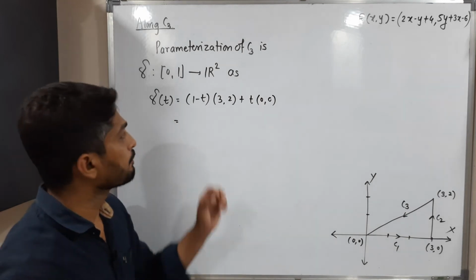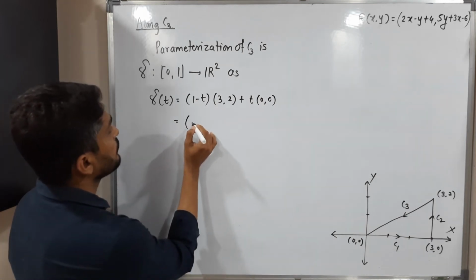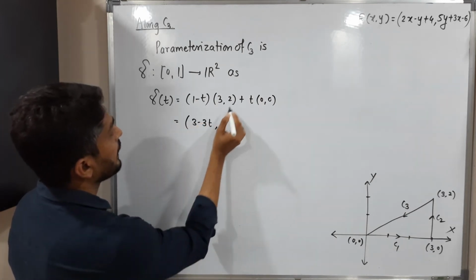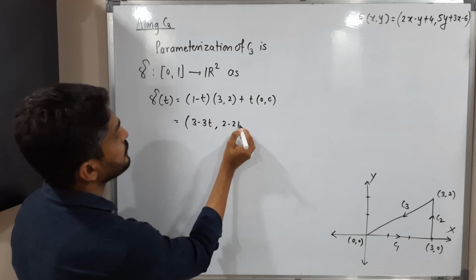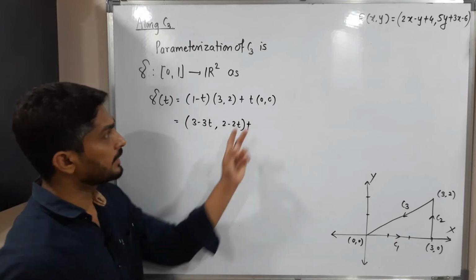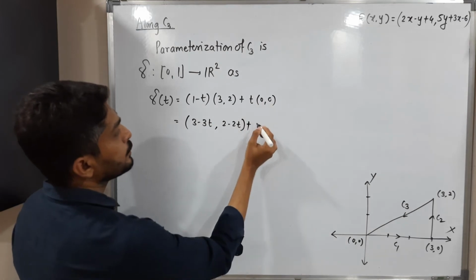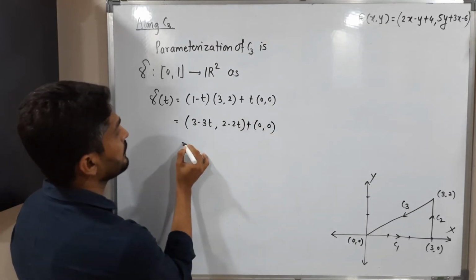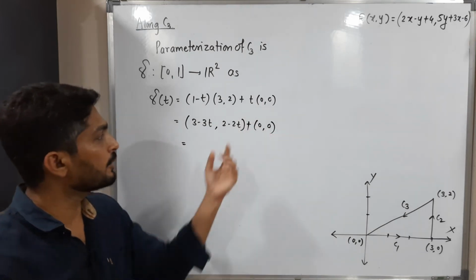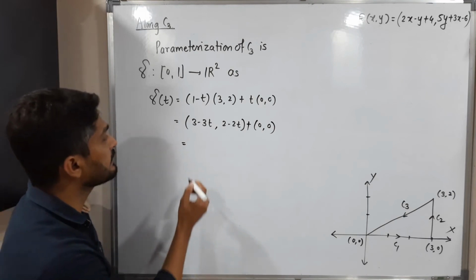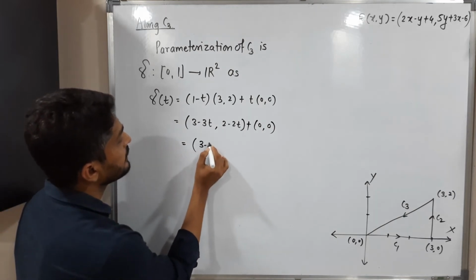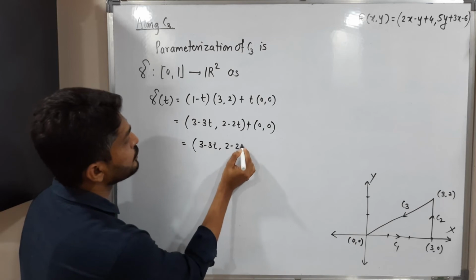Let us simplify. 3 into 1 minus t, we will have 3 minus 3t, and 2 into 1 minus t, 2 minus 2t. Plus t into 0, 0. If you add 0 component wise, you will have the same term. So I will save my time. I will not write that. 3 minus 3t and 2 minus 2t.